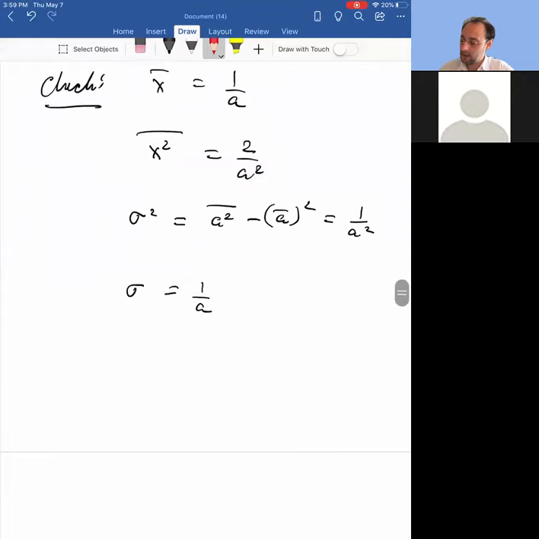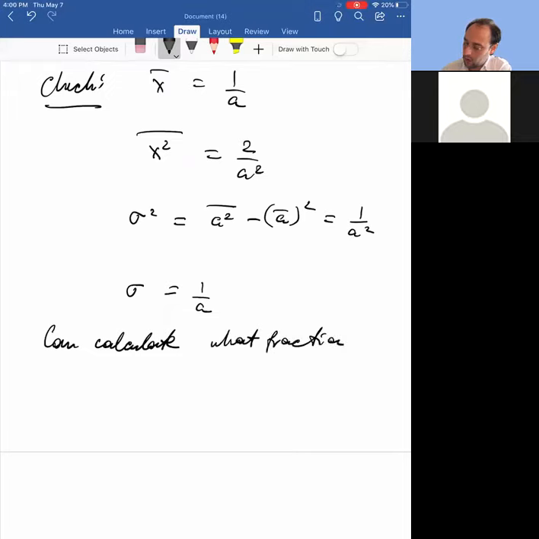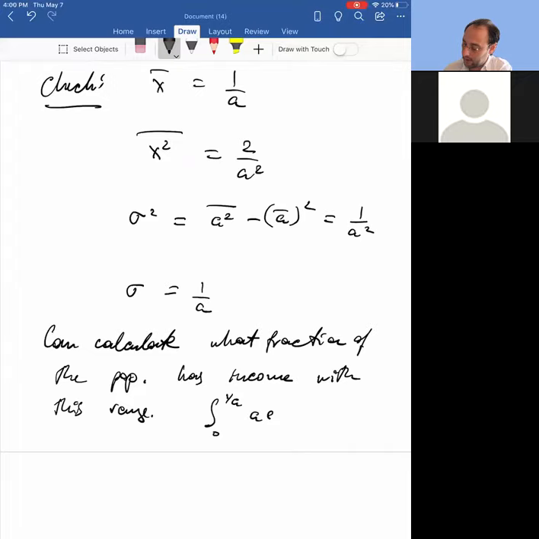Okay, so you can calculate what fraction of the population has income within this range. That's the integral between 0 and 1 over a of a e to the minus ax dx.